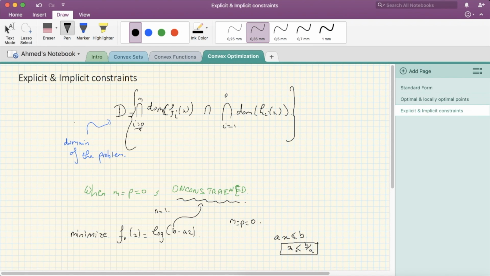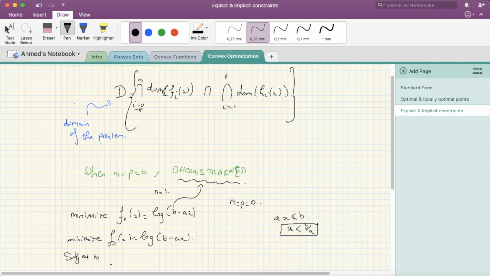I forced a constraint on you, which is x less than b over a, right? So this problem is going to be the equivalent of the following problem: minimize f0 of x, which is log(b minus ax), subject to my implicit constraint, which is x less than b over a, right? Or which is, in this case, we only have one constraint, right? So we went from an unconstrained problem to a constrained one.